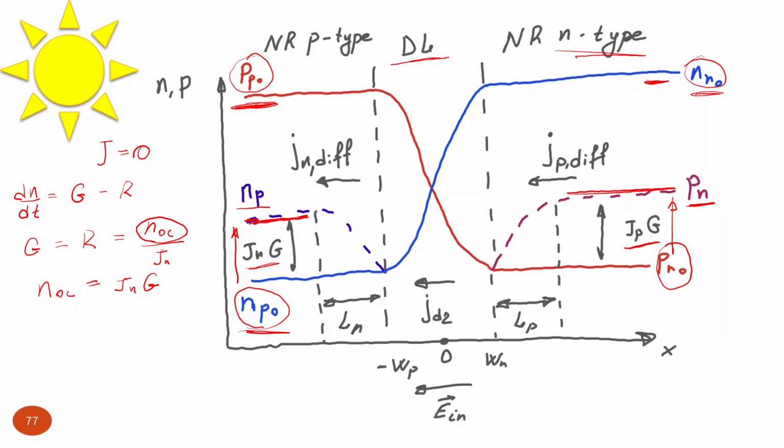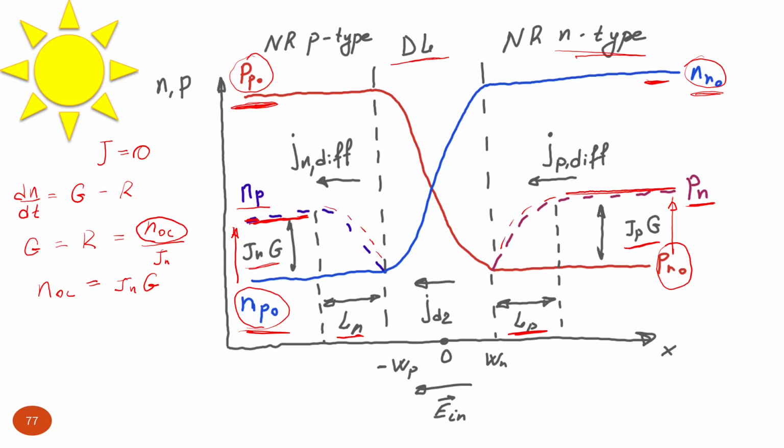However, when we come closer to the p-n junction, within the distance Ln, the diffusion length of electrons on the p-type side, and also Lp, the diffusion length for holes on the n-type side, we see that this saturated level starts to drop. So we go down here and here.